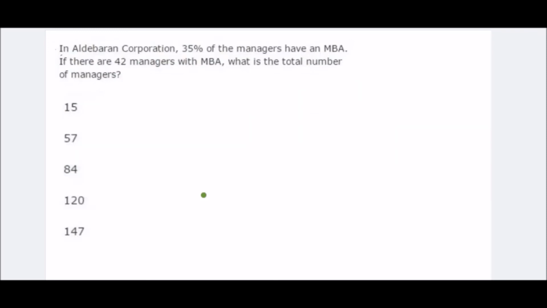In Aldebaran Corporation, 35% of the managers have an MBA. And if there are 42 managers with an MBA, what is the total number of managers? So in the question it's given 35% of the managers have an MBA and there are 42 managers with an MBA. Then let's consider the total number of managers will be x.